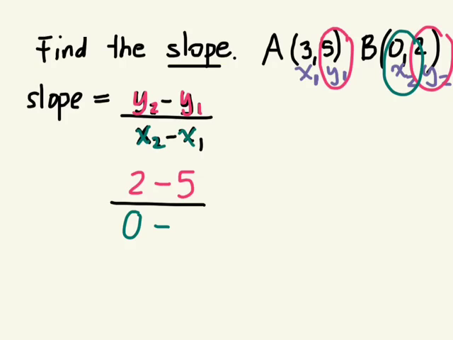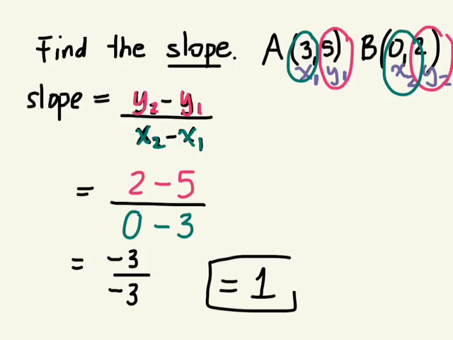What did I label as x1? 3. Can you simplify this now? What's 2 take away 5? What's 0 take away 3? What is negative 3 divided by negative 3? Slope of this line is 1.